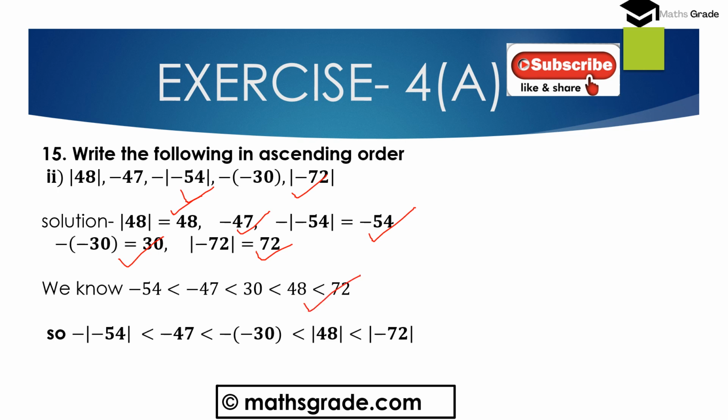Minus 54 is minus of absolute value of minus 54, minus 47 is minus 47, 30 is minus of minus 30, 48 is absolute value of 48, and 72 is absolute value of minus 72.